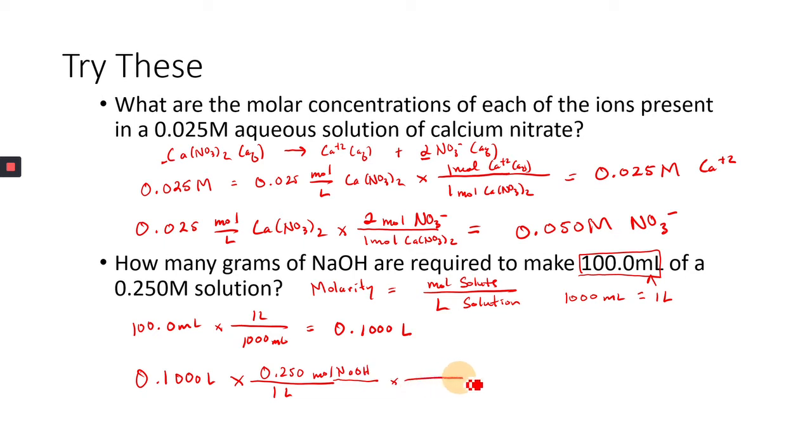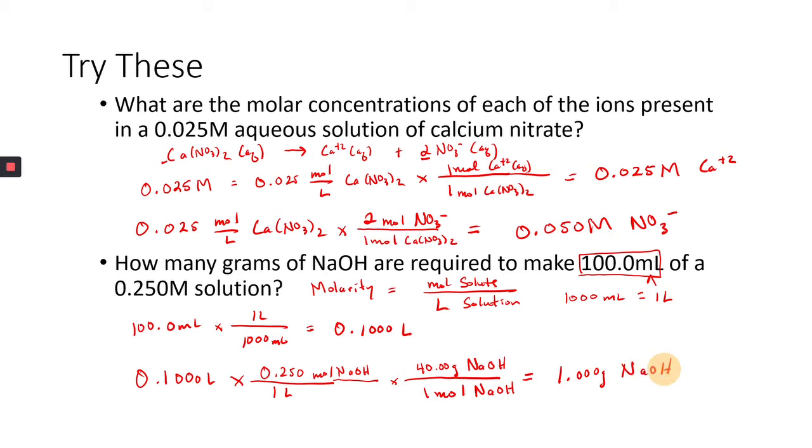But I don't want moles of sodium hydroxide. I want grams, so I have to use the molar mass. When you use the periodic table, you add up the mass of sodium, oxygen, and hydrogen, you're going to get 40. So when you type this in your calculator, it's 0.1 times 0.25 divided by 1 times 40, you're going to end up getting 1 gram of sodium hydroxide.